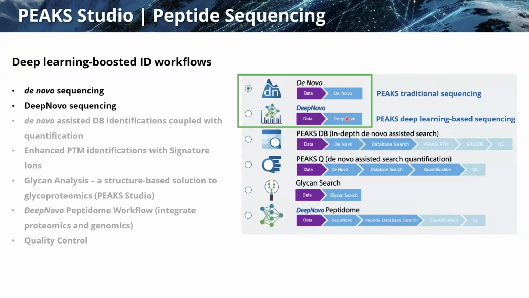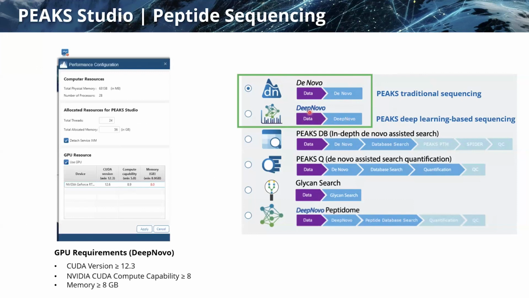Now, for some of you, DeepNovo may be grayed out. The reason for that is that deep learning algorithms are highly computationally demanding. In fact, we only allow these to run if a compatible graphics card or GPU is available.